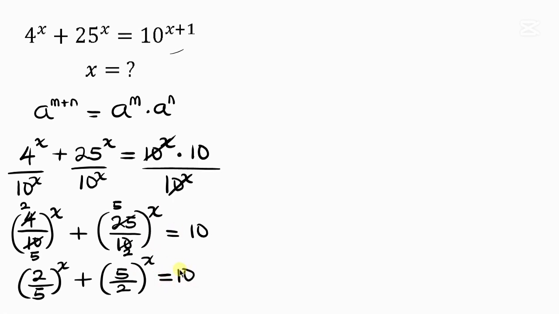Now notice that 5 over 2 is actually an inverse to 2 over 5. That means we can write 5 over 2 as 2 over 5 by writing it in form of an inverse. So this is what I mean. This is 2 over 5 raised to the x plus, now this expression will be written as an inverse as 1 all over.